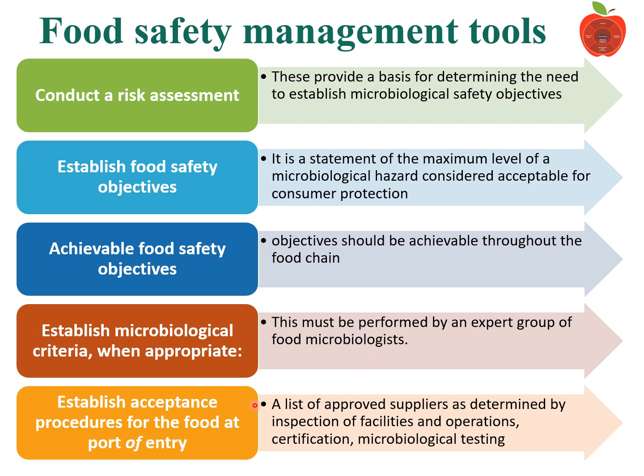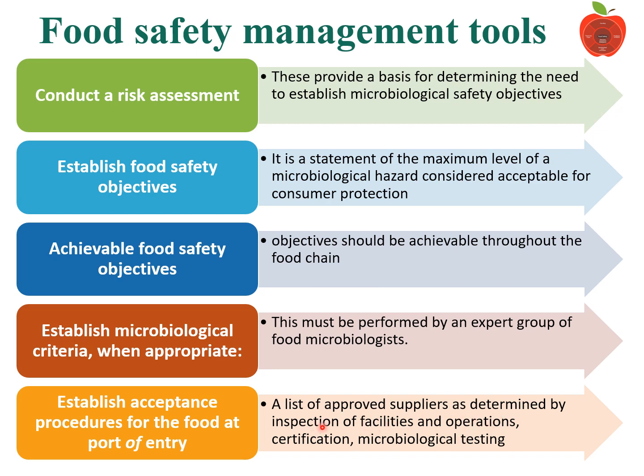Next one is establish acceptance procedures for the food at the port of entry. So here we need to inspect the facilities, inspect the operations, and check if certification standards are maintained and if microbial testings are maintained. All these are the procedures which are routinely followed.